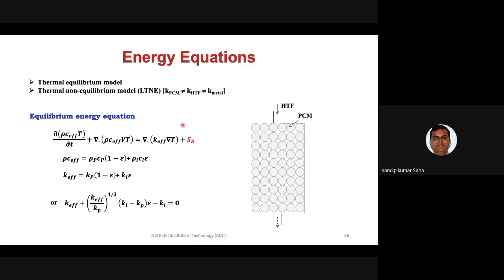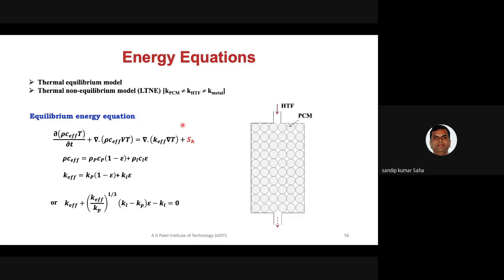You employ the thermal equilibrium model in those cases where the solid particle thermal conductivity and the fluid thermal conductivity are not much different. Whereas if the solid particle thermal conductivity is, for example, one, two, or three orders higher than the liquid thermal conductivity, then you have to use the non-equilibrium model.